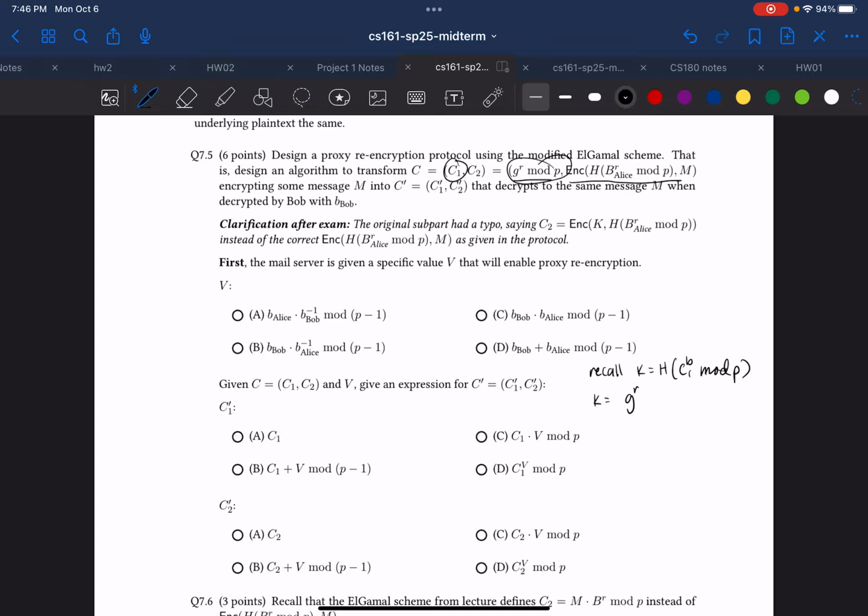The key is going to be G to the R B of Bob mod P.